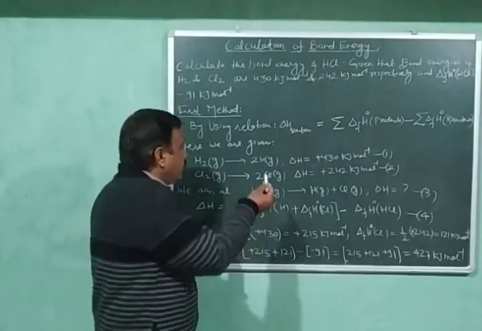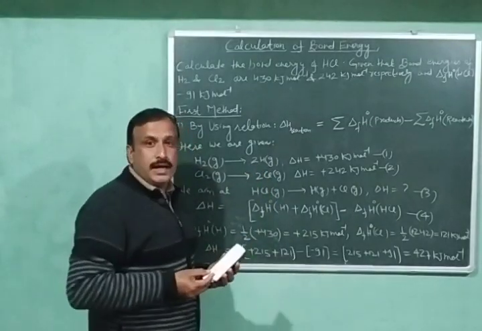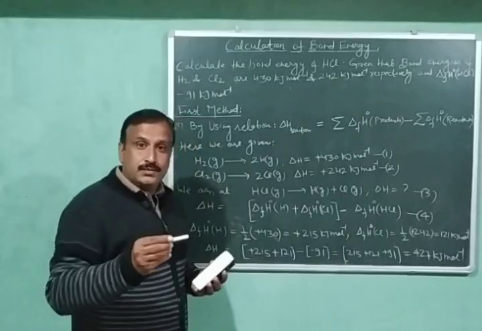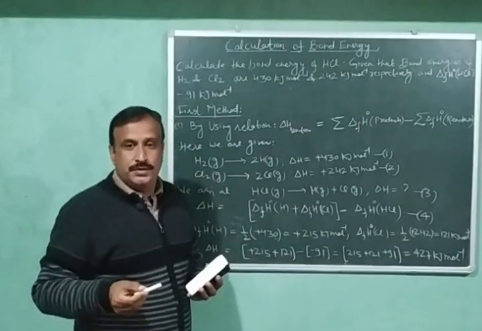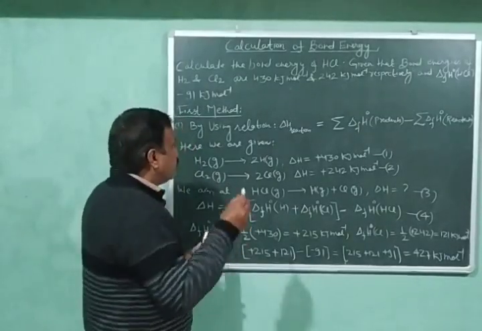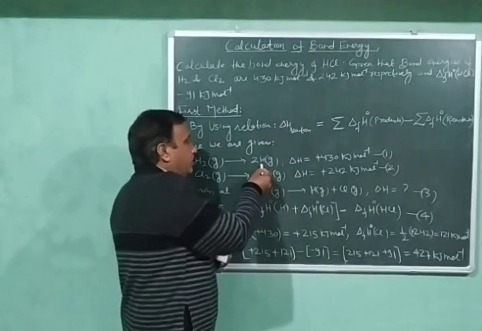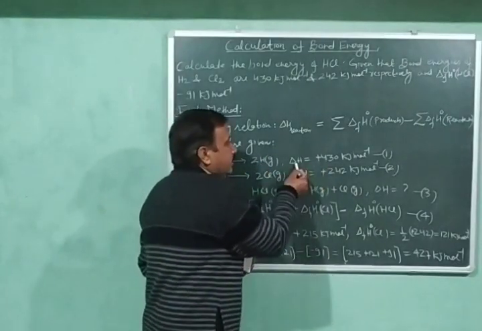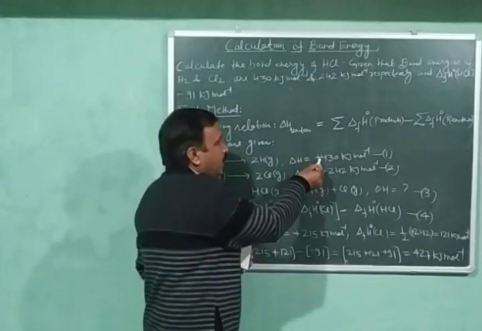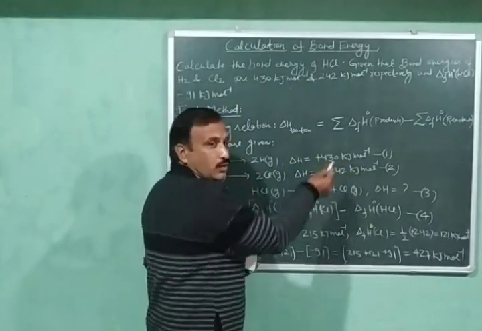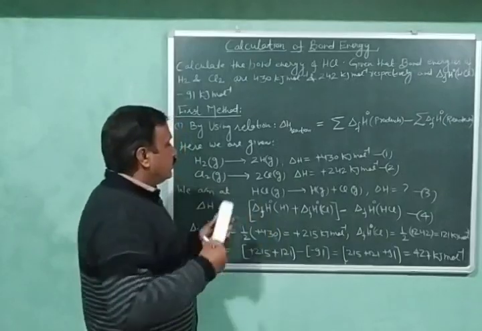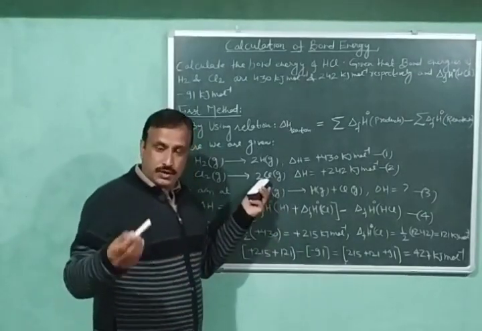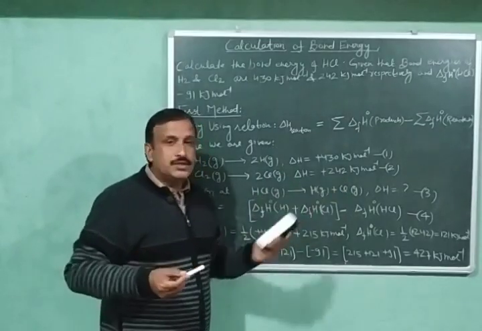Here 2 moles of hydrogen atoms are being formed, and here 2 moles of chlorine atoms are being formed. So the enthalpy of formation of 1 mole of hydrogen atoms will be equal to half of delta H of this reaction, that is half into 430 kJ per mole. Likewise, the enthalpy of formation of 1 mole of chlorine atoms will be equal to half of this value.